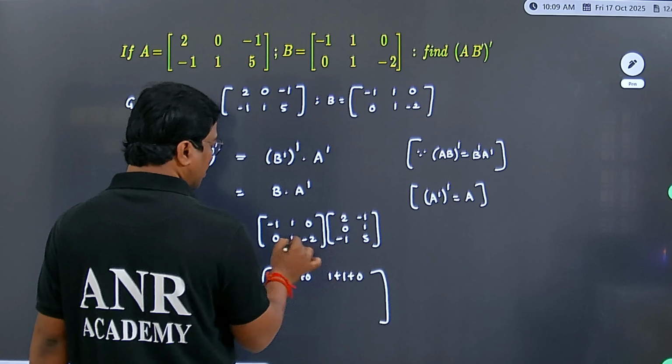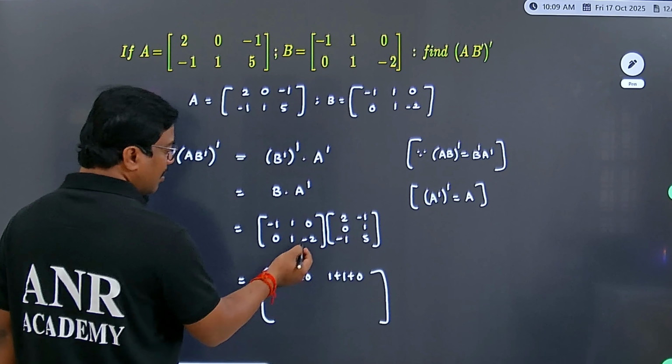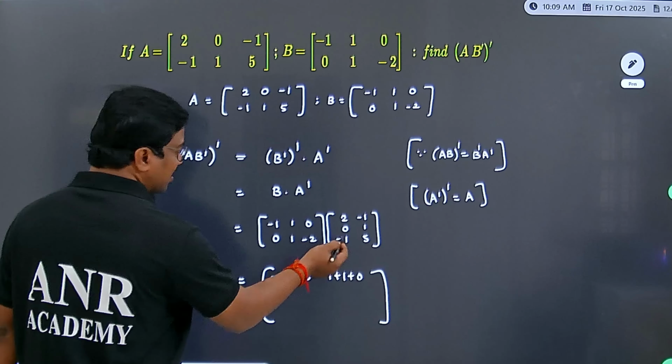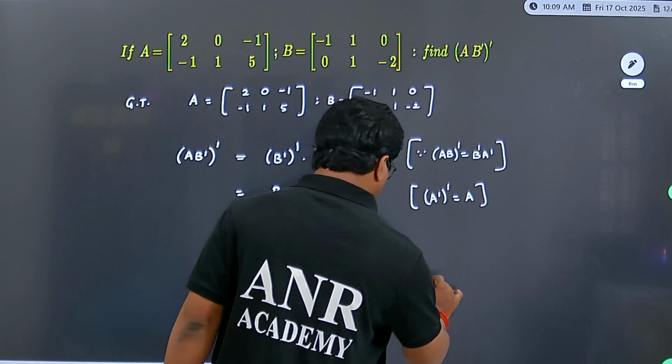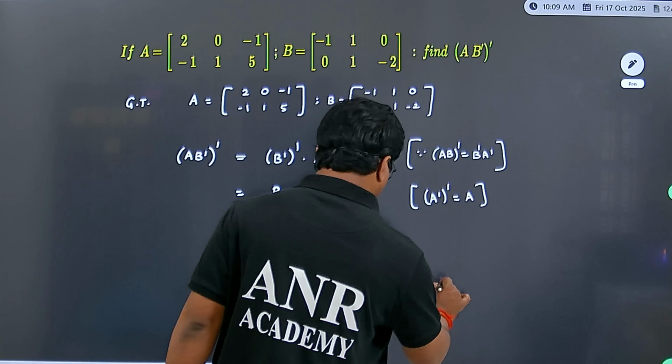Next, second row first column, 0 into 2 is 0, 1 into 0 is 0, only minus 2 into minus 1, that is 2. Next, second row second column, 0 into something is 0, 1 into 1 is 1, 5 into minus 2 is minus 10. So what we get is minus 2, 2, 2, 1 minus 10, that is minus 9. So this is your answer.